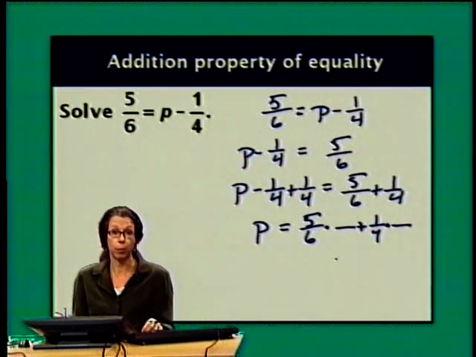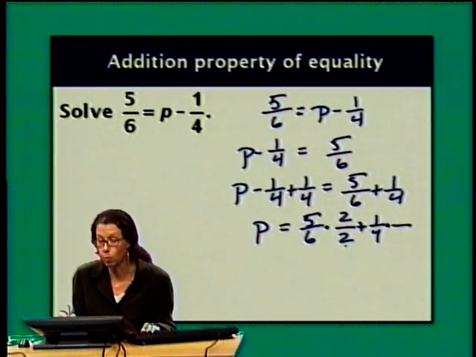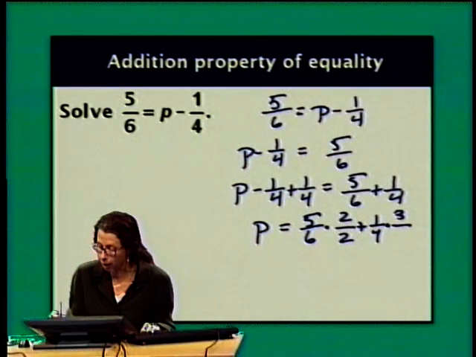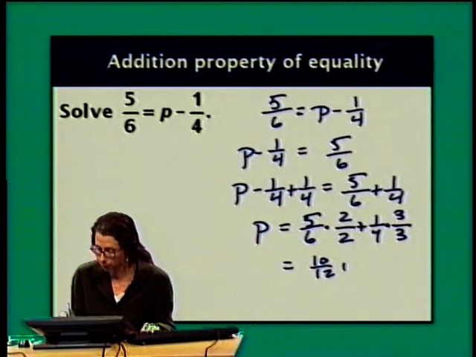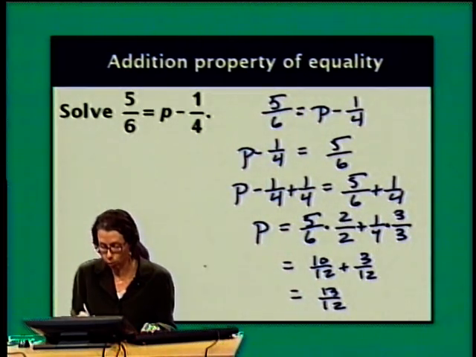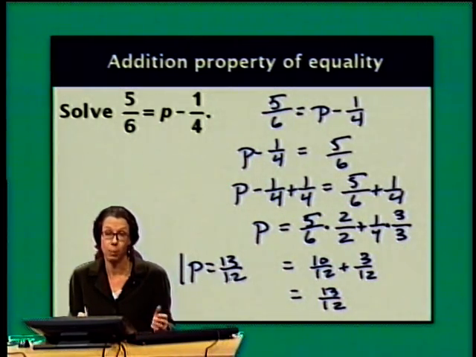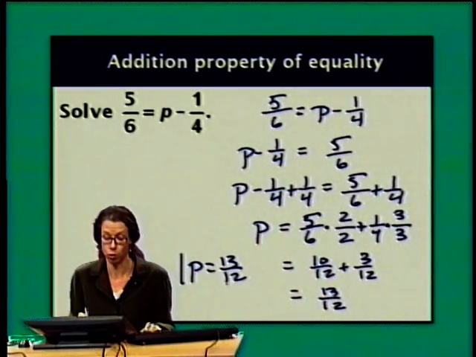Well, there are lots of them. 12 is the smallest, and that's the one I'm going to work with. So I'll multiply 5/6 by 2/2 and 1/4 by 3/3. So I have 10/12 plus 3/12, which is 13/12. So I've ended up with the equivalent equation, p equals 13/12. So this gives me my proposed solution, which is 13/12.